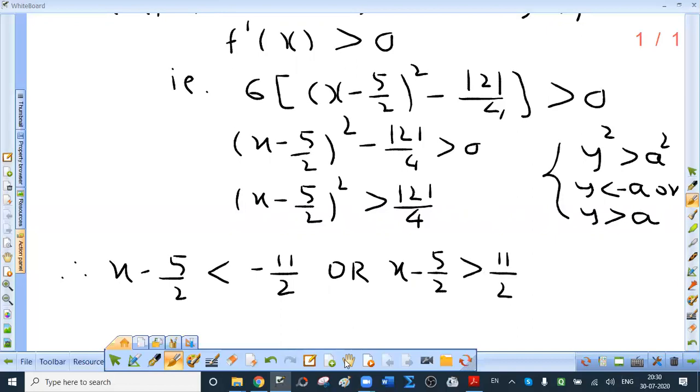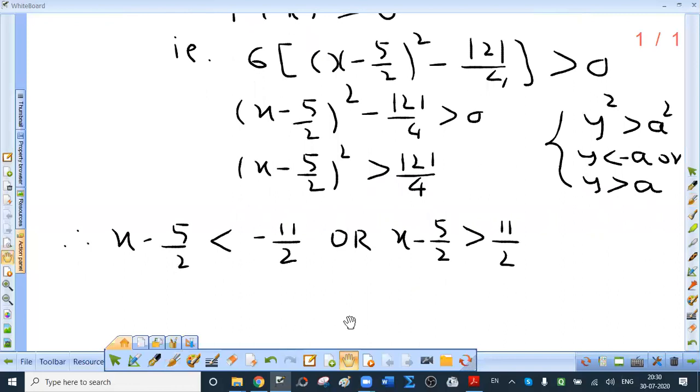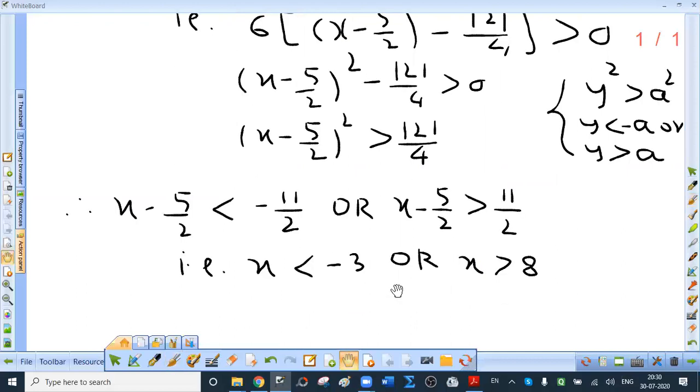11 by 2. Now simplify this. This is not difficult now. So x less than what? Minus 11 by 2 plus 5 by 2, that is minus 3. So x less than minus 3 or x greater than what? x greater than 8. Now can you combine this?